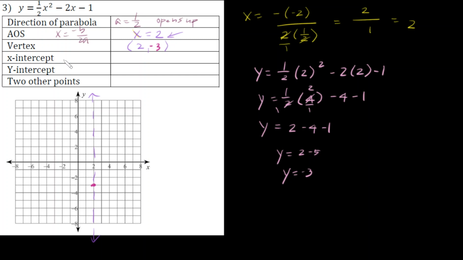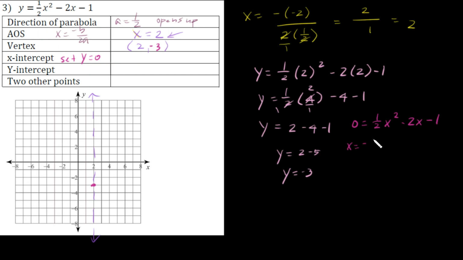Let's go ahead and find the x-intercept. To find the x-intercept, we set y equal to 0. So you get 0 equals 1/2 x squared minus 2x minus 1. I'm going to use the quadratic formula.